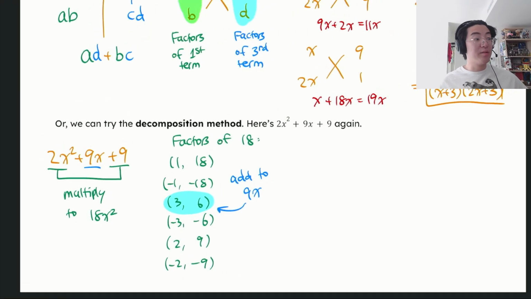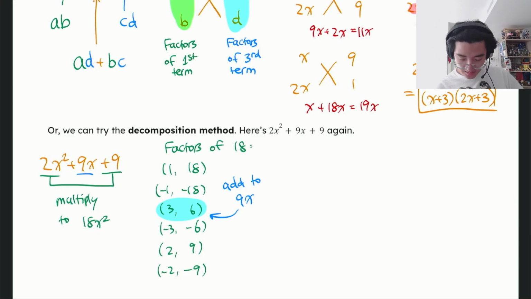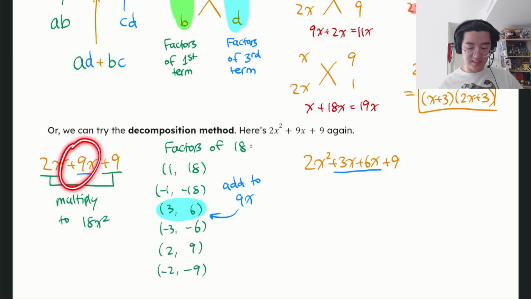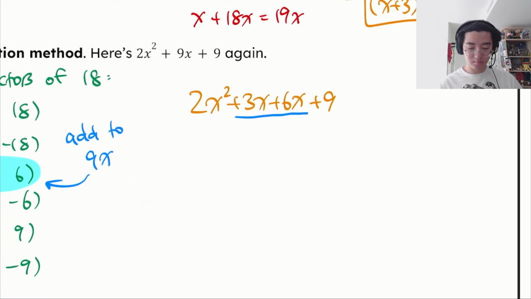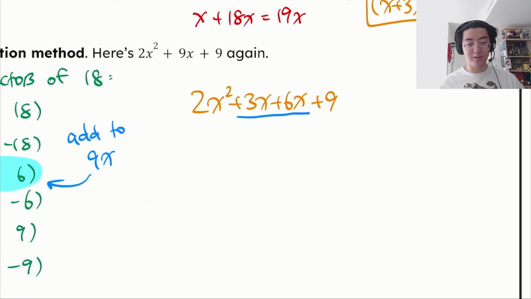Okay, and then from there, we decompose it. Right? So we decompose the 9x into 3x and 6x. Right? So all we're doing here is breaking this 9x into 3x and 6x, right? Because those are two things that multiply to 18. And then from there, we do our grouping, right?